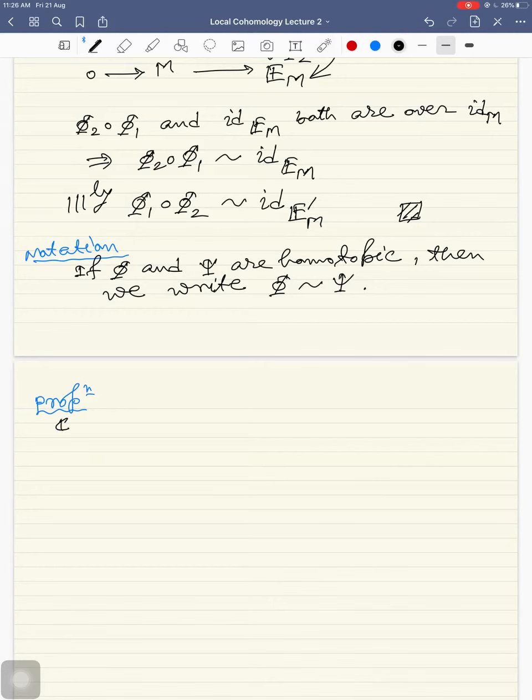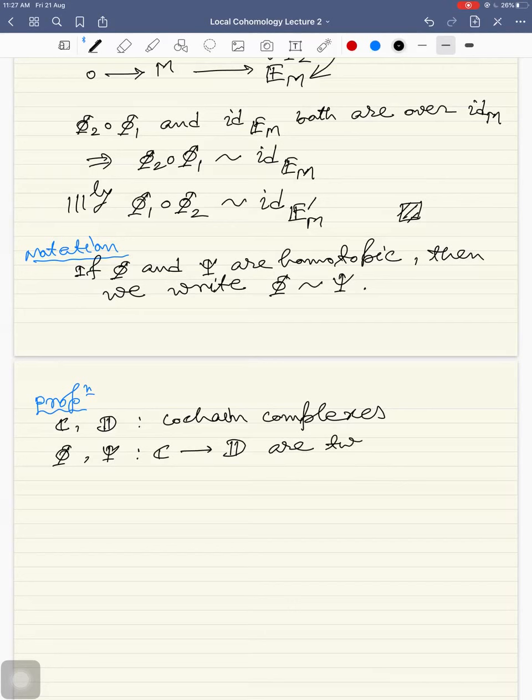Here you consider C and D are two cochain complexes of R modules, and both phi and psi from C to D are two cochain maps.